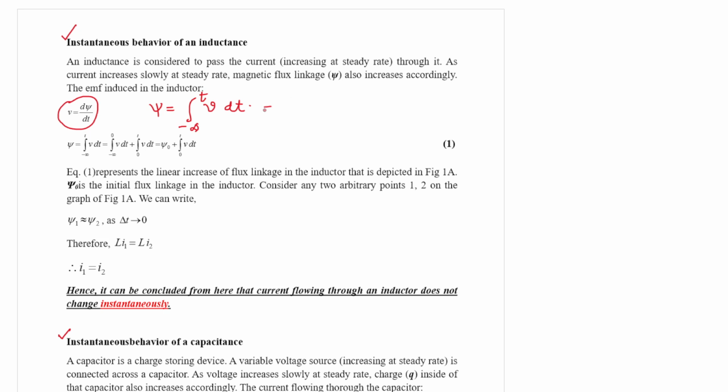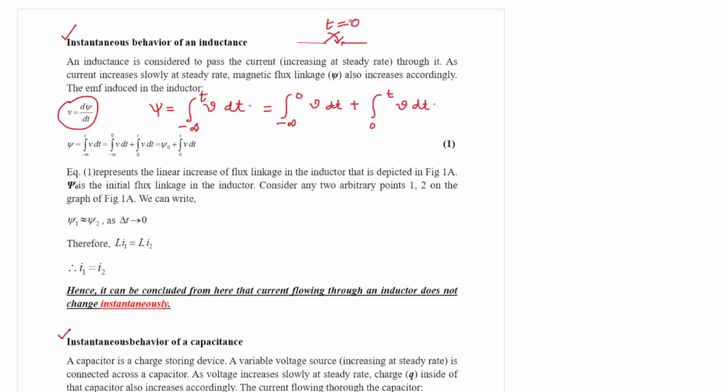Now I am breaking this integration into two parts. One is minus infinity to 0, V into dt, plus the next integration 0 to t, V dt. Now if we consider the switch is changing its position from off state to on state, we refer to that timing instant of switching as t equal to 0.